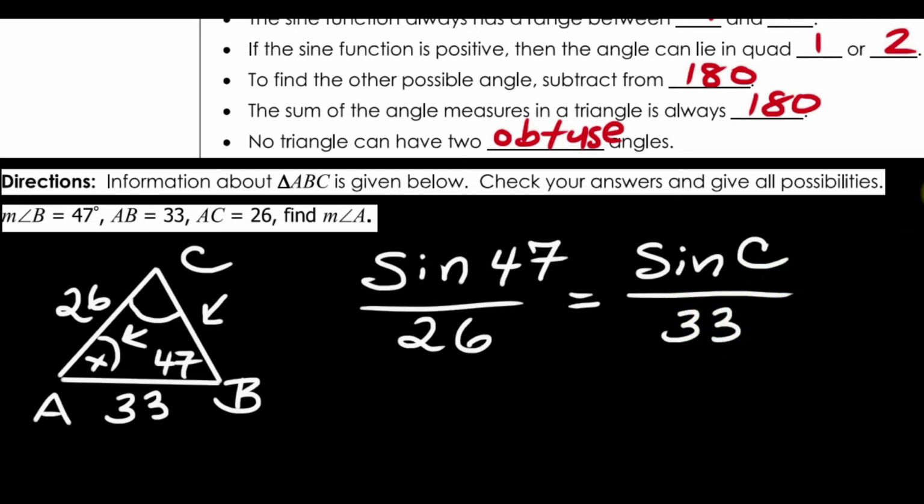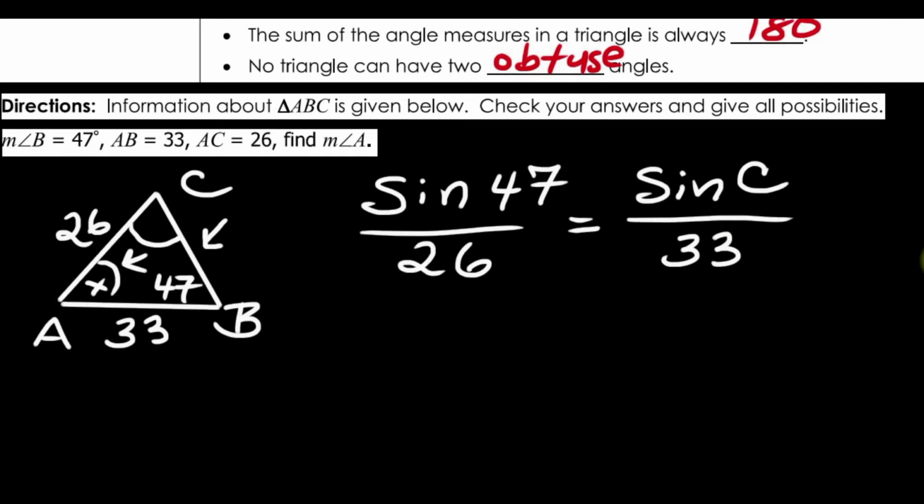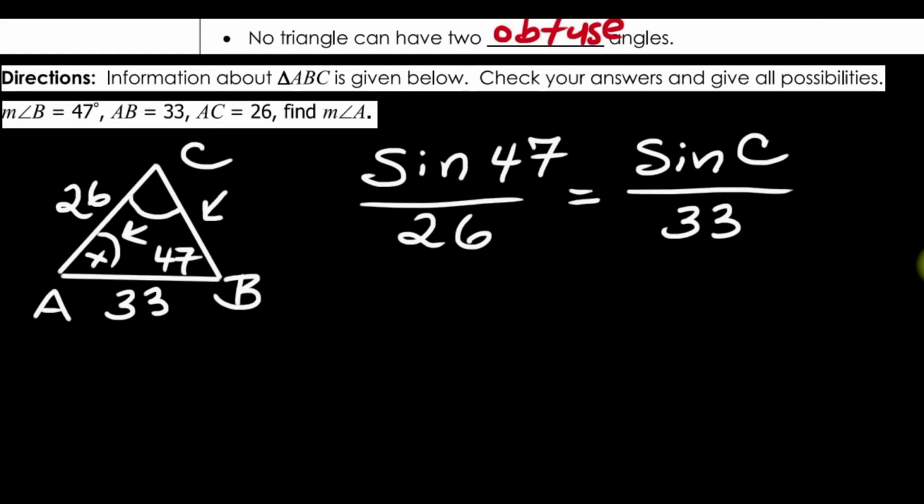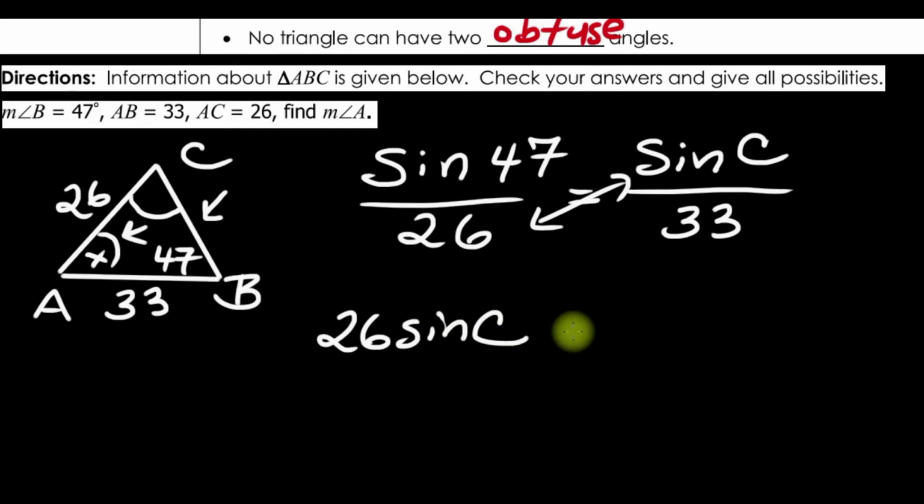Okay, so here we have a proportion using the law of sine, and we can solve this to come up with angle C. Okay, we'll cross multiply here. We have 26 times sine angle C is 33 times sine 47.